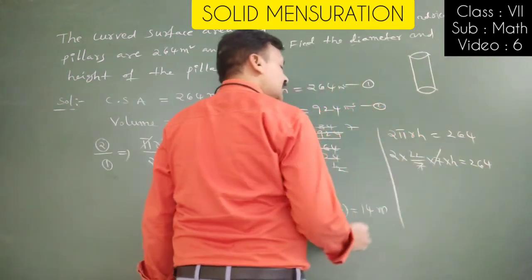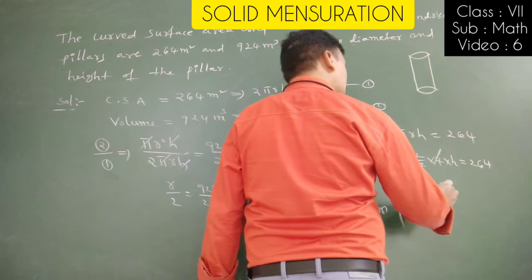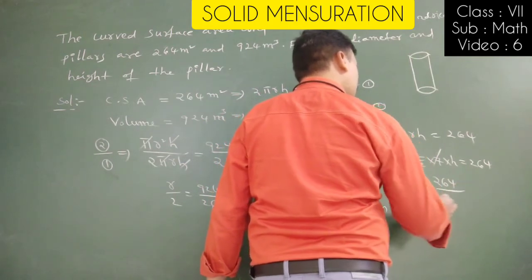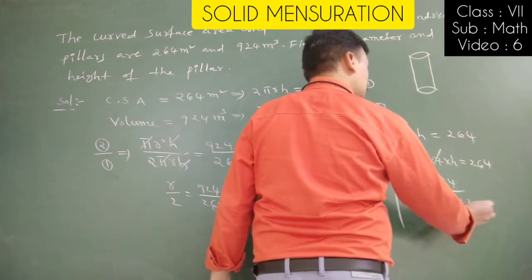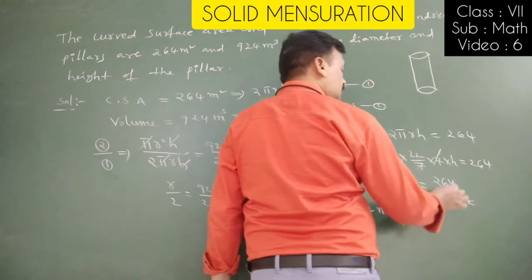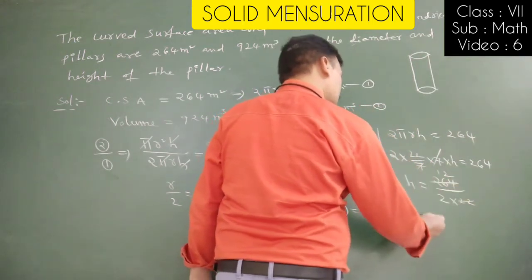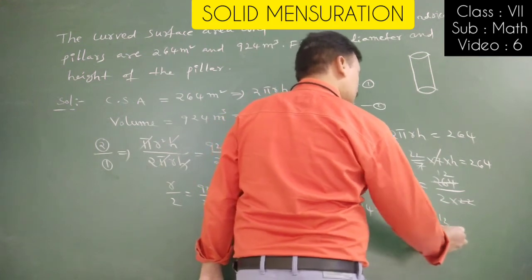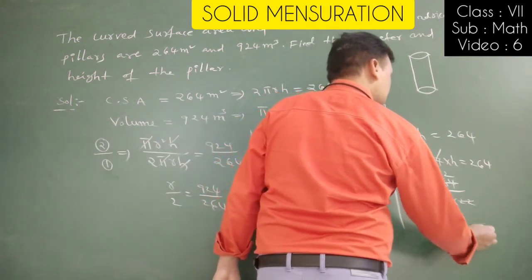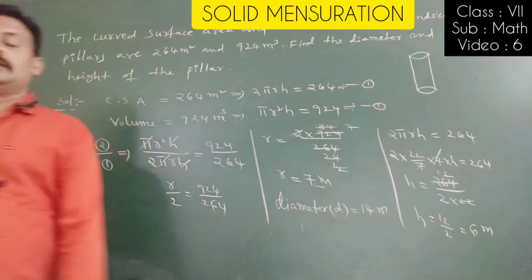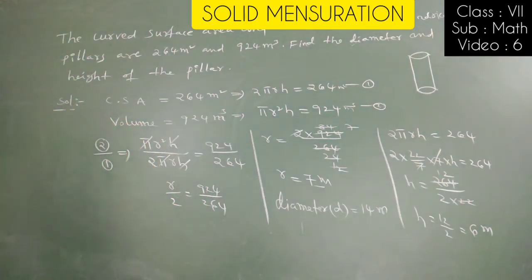Here 7 and 7 get cancelled. Now h equal to 264 by 2 into 22. Now h equal to 12 by 2, that is 6 meters. h is 6 meters, r is 7, diameter is 14.